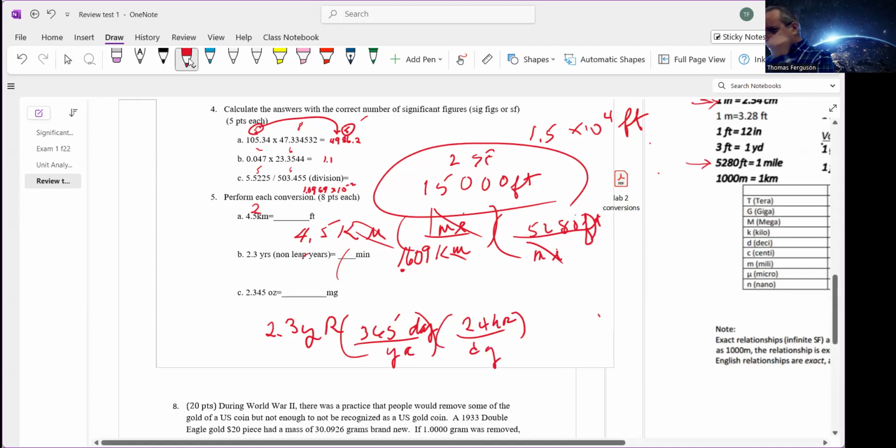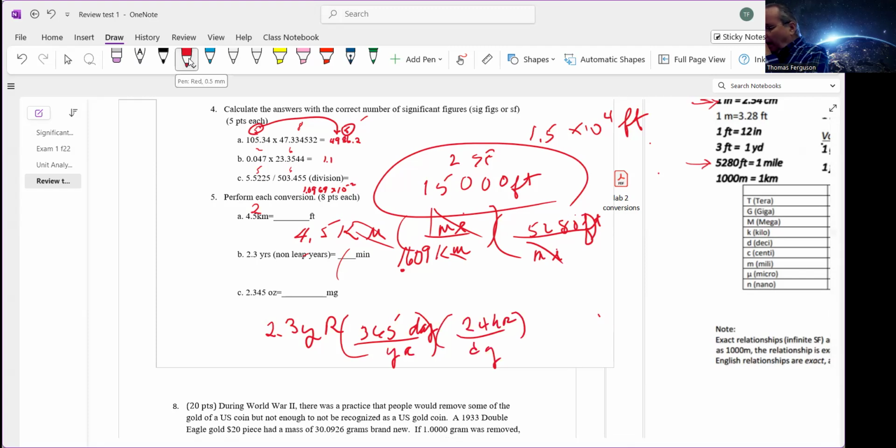Then it's going to be hours to minutes. Anyway, years, days, hours.